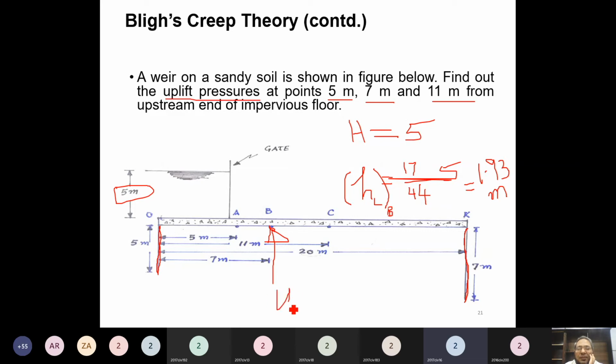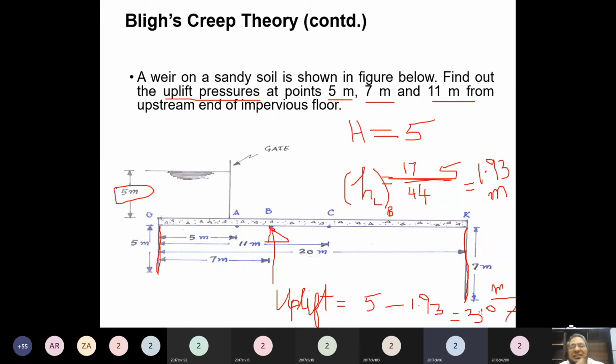So uplift is equal to this 5 meter, which is H, minus 1.93. What is the answer? 3.07 meters.